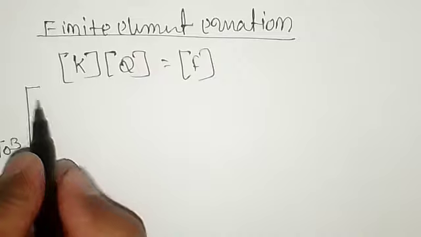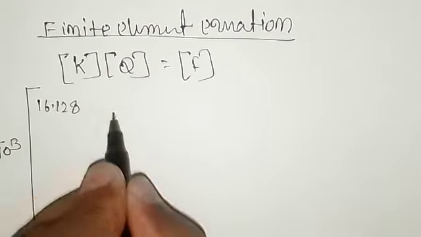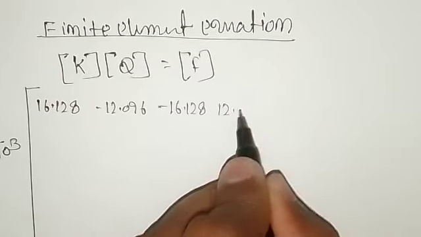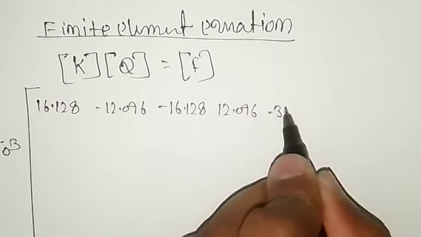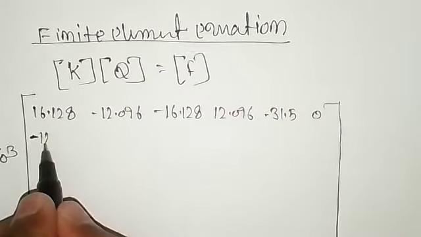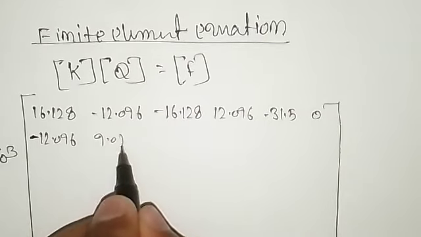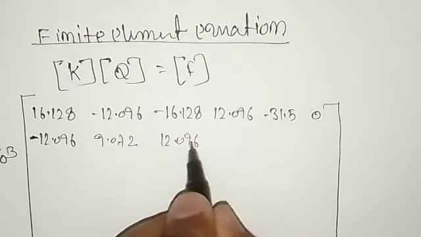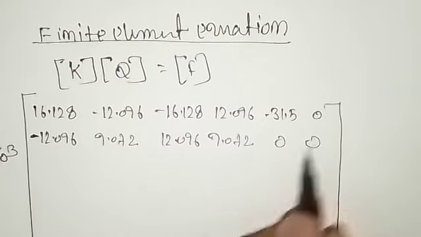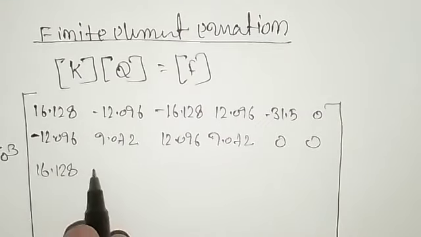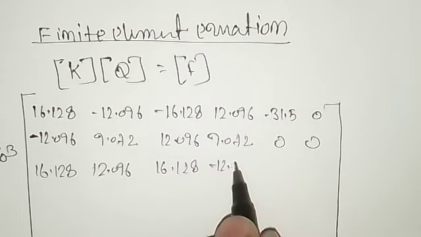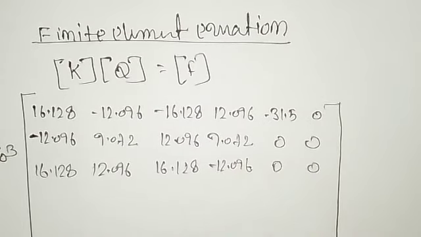So this is your 16.128, minus 12.096, minus 16.128, 12.096, minus 31.5, 0, minus 12.096, 9.072, 12.096, 9.072, 0, 0, 16.128, 12.096, 16.128, minus 12.096, 0, 0, right?